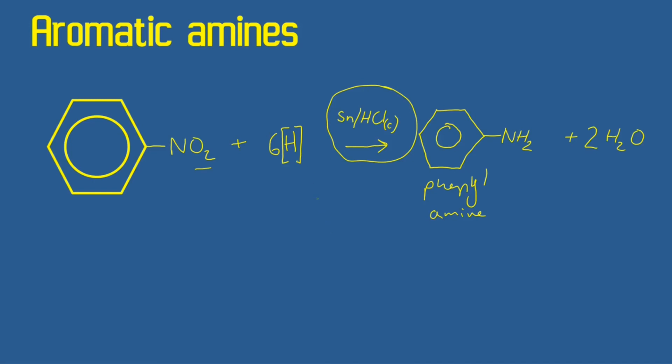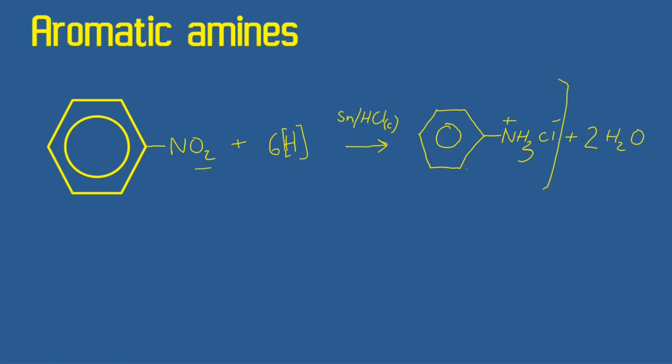Now, you may come across an issue where you need an extra step in this. Because it's done in acid conditions, what we might have actually made, and I'll just trim these down a little bit, instead of it being NH2, you might have made NH3+ Cl-, so you make a salt here.